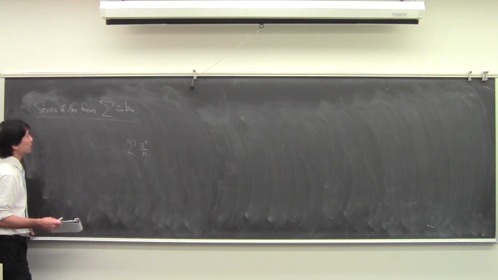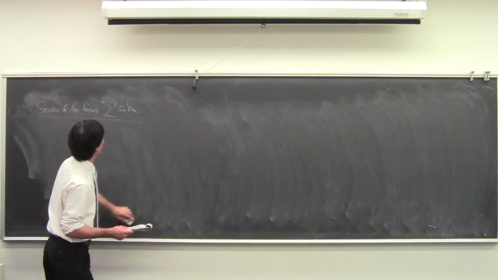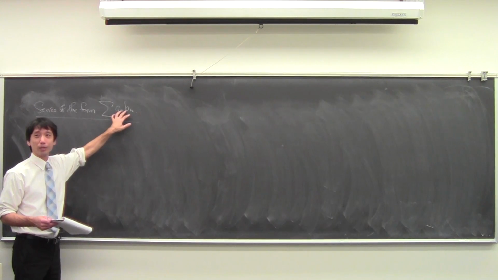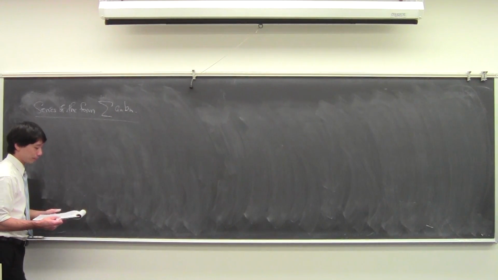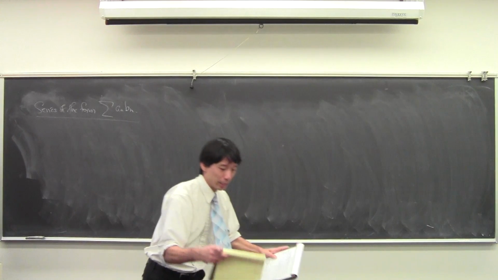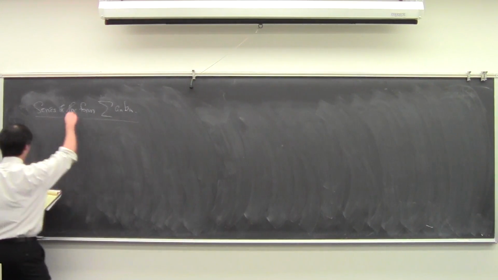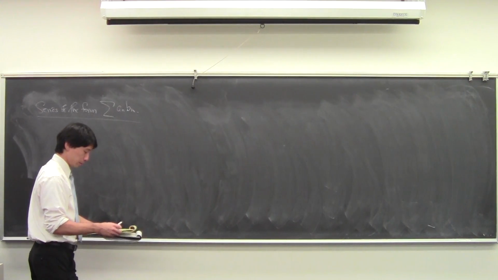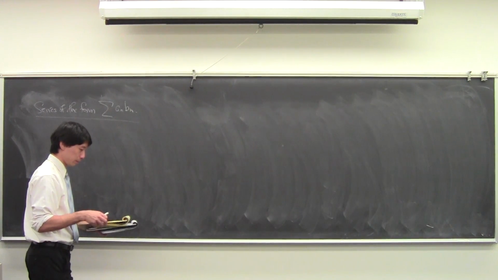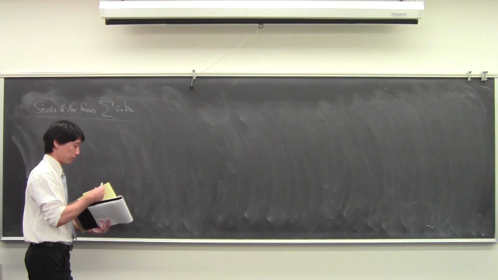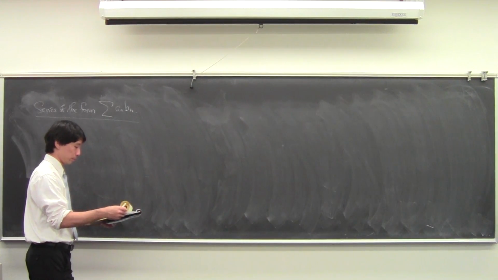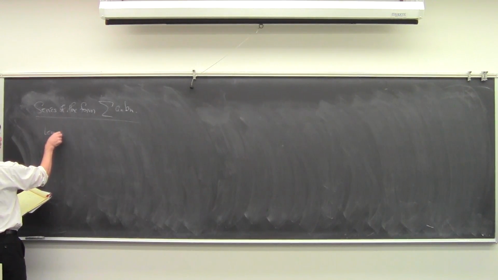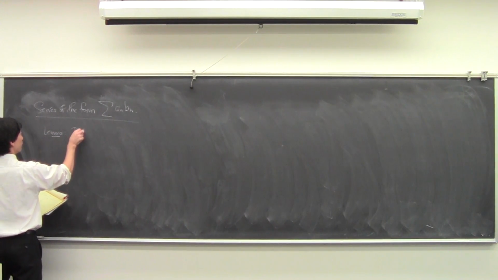What we're going to get is some results about convergence of these sorts of product series. And the main tool that we're going to use is something we'll call the partial summation formula.